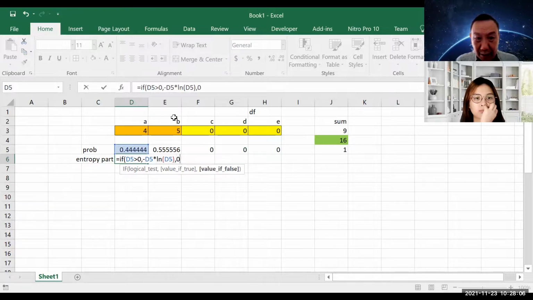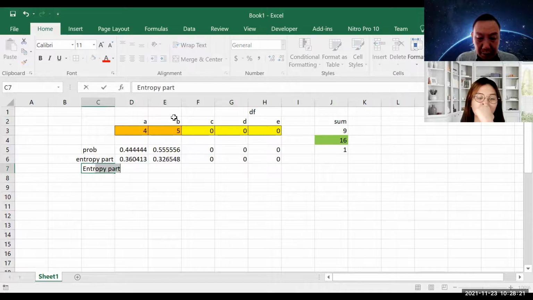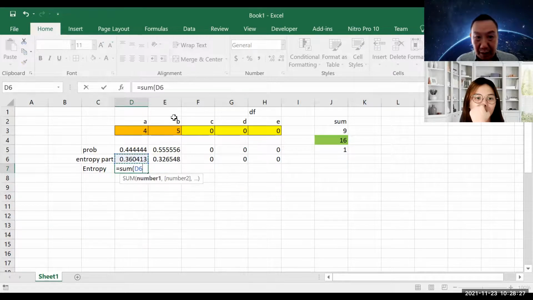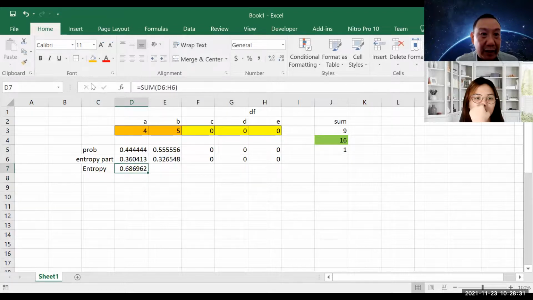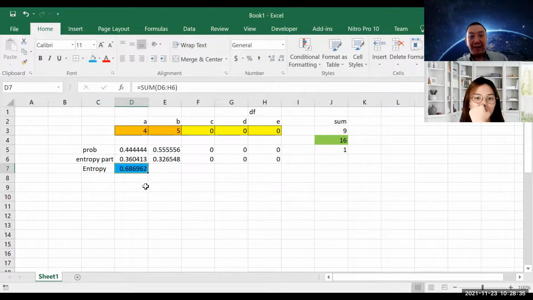Otherwise, 0. If 0 or less than 0, then you put it as 0. Then you copy, and now you calculate the entropy. The entropy is just the sum of the entropy part. So this is the entropy that you want to maximize.